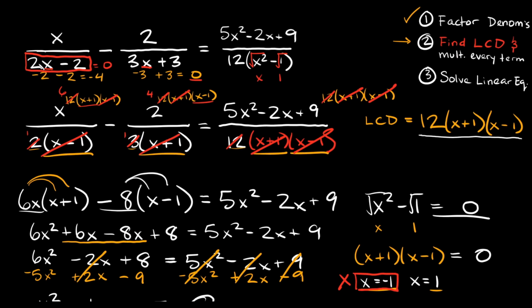So when we plug in a positive 1 into this denominator right here, it makes our whole denominator equal 0. Okay, so therefore, x equals 1 is also an extraneous solution. So this one also is essentially not a solution. Okay, so that means that this big ugly equation up here has no solutions.